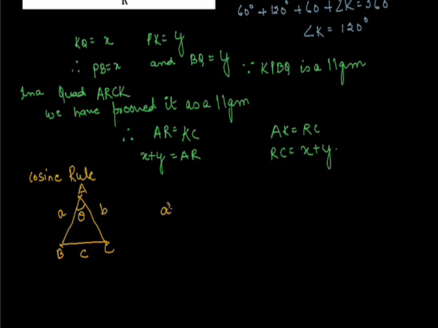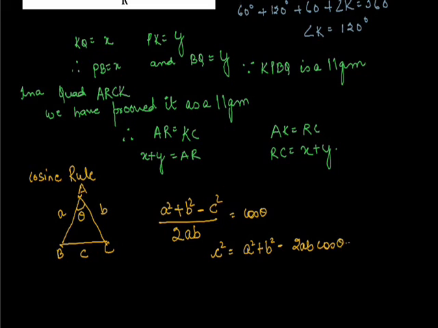Then a square plus b square minus the non-included side, which is not included in the angle, upon twice of ab, that is the included sides between the angle, is equal to cos theta. Okay, now if we have to find only the non-included side, then it will be a square plus b square minus twice of ab cos theta. So we'll be applying this in the above figure.